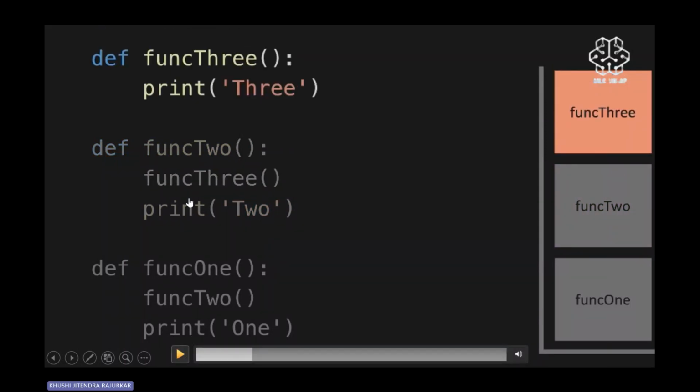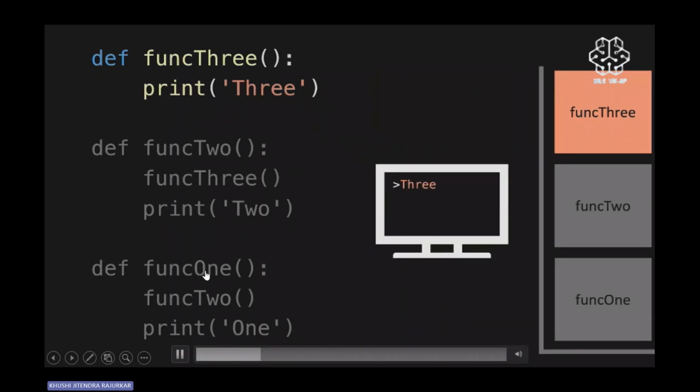And function2 also does something interesting. It returns function3, which means it calls function3, and function3 simply prints out the string 3. So as you can see, if we want to carry out all these 3 operations, we simply have to call function1.